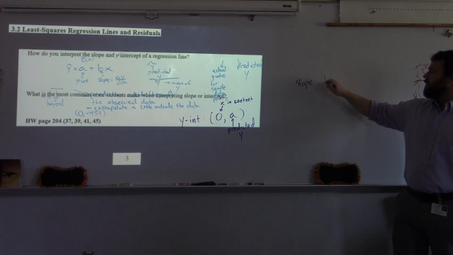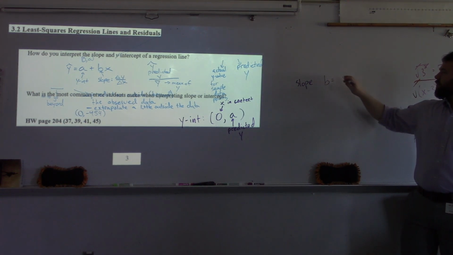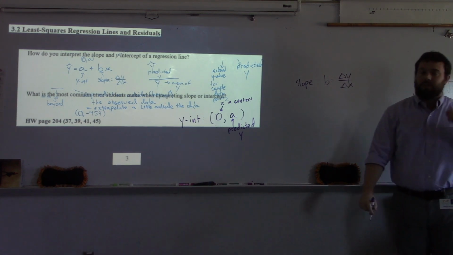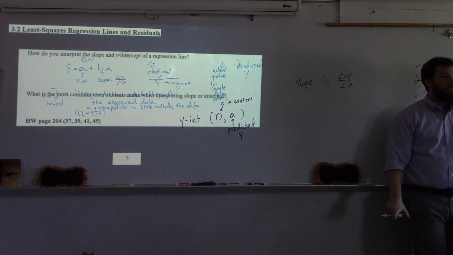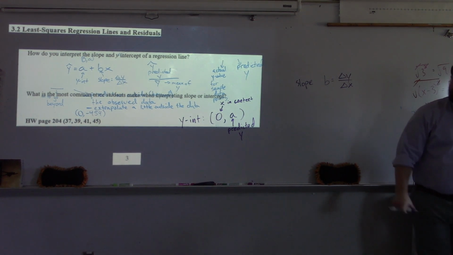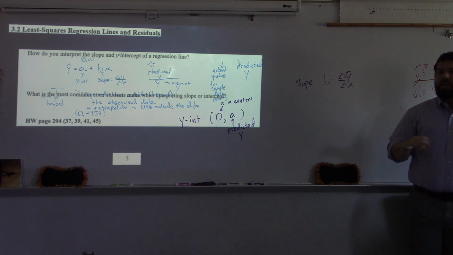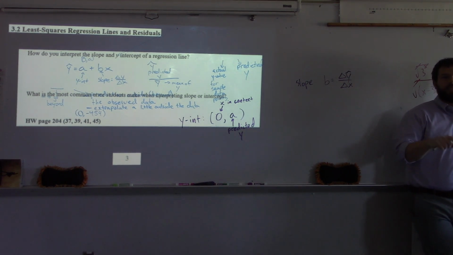B. And we talked about change in y divided by change in x, but what do we need to change about that for this slope? In this case, wouldn't it be changing y hat? Because it's not the actual y values, it's the predicted y values. Okay? So the slope is the change in the predicted y values divided by the change in the x.